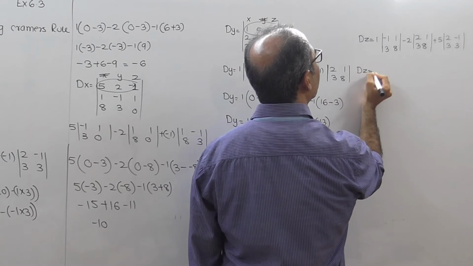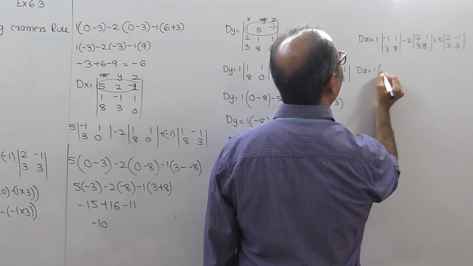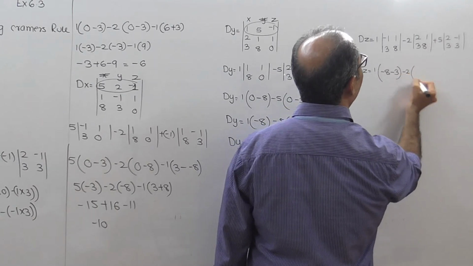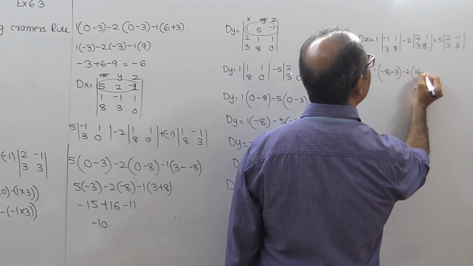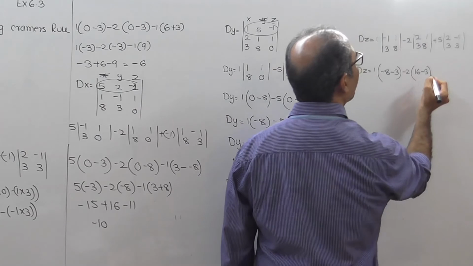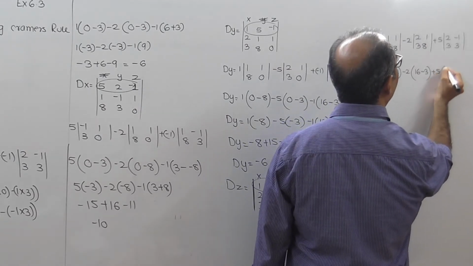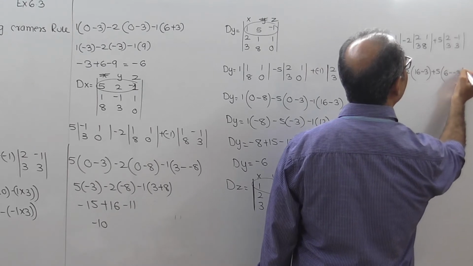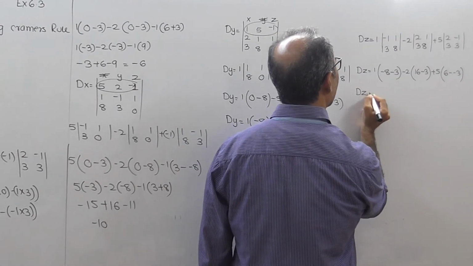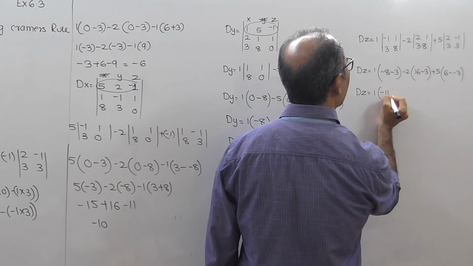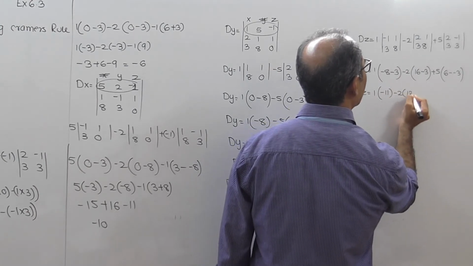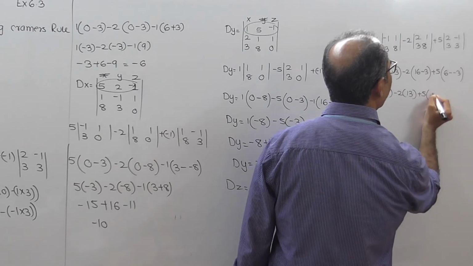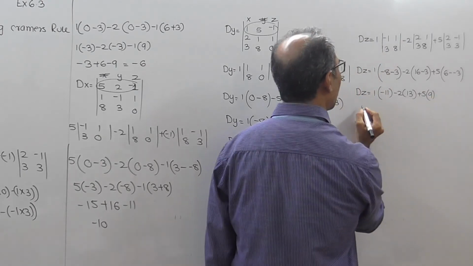So what is dz? 1. 1 into minus 8, minus 8, minus 1 into 3 is 3, minus 2, 8 into 2 will give you 16, 1 into 3 will give you 3, plus 5, I think this is 6 minus 3. dz will be 1, minus 11, minus 2, 13, plus 5, 6 plus 3, minus of minus 3, 6 plus 3, that is equal to 9.